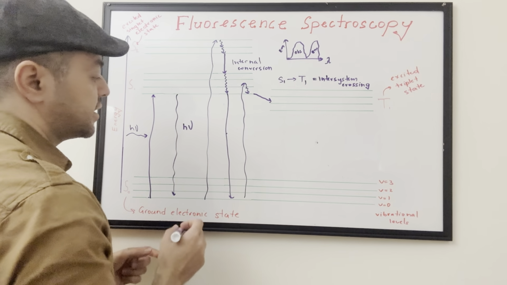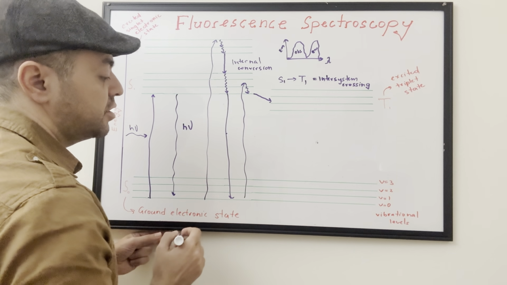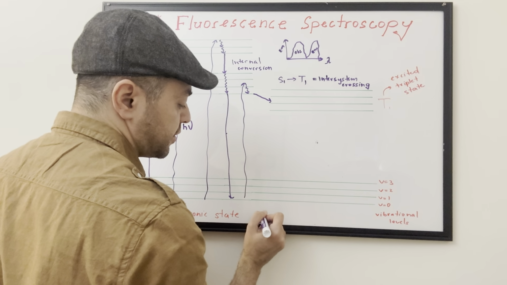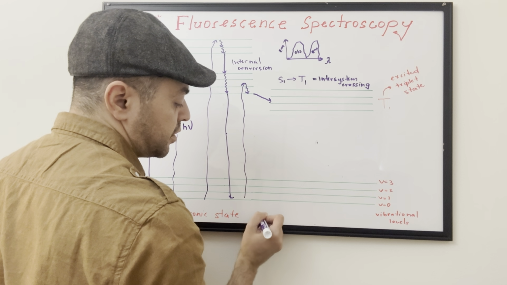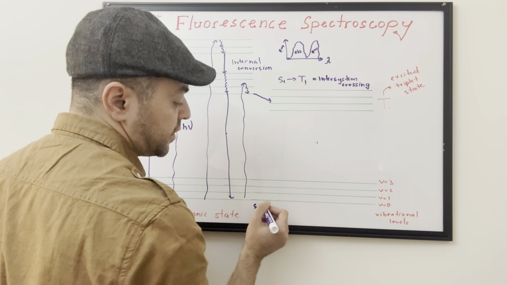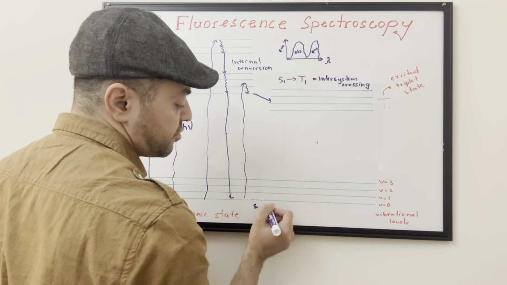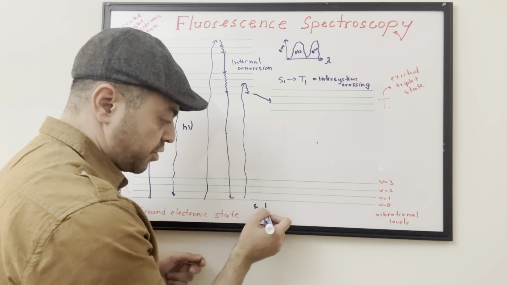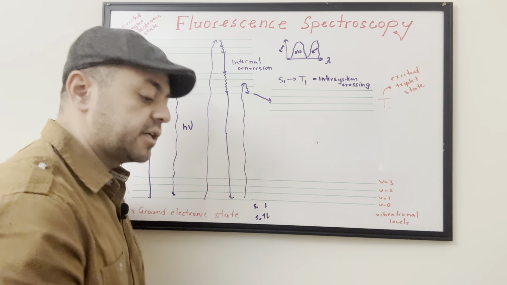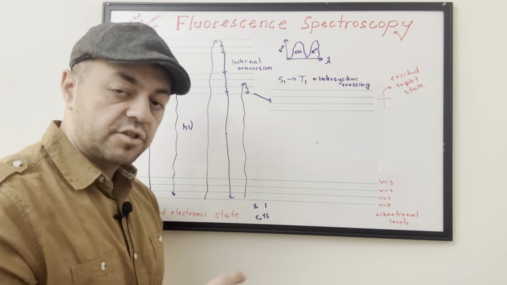In the normal case, when the electron goes from S0 to S1, the spin doesn't change. The spin is pointing down here, and when we're excited, the spin doesn't change.